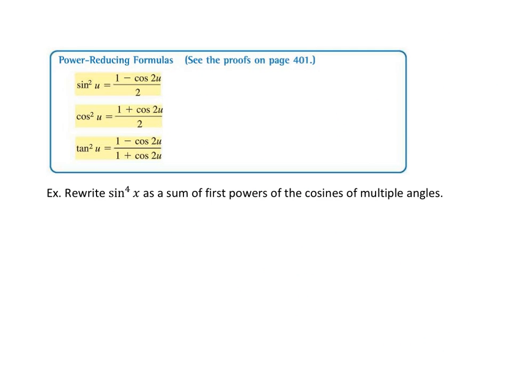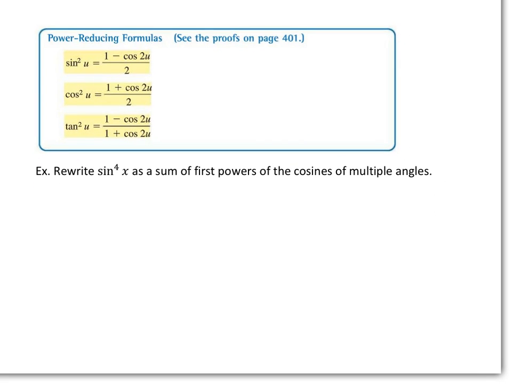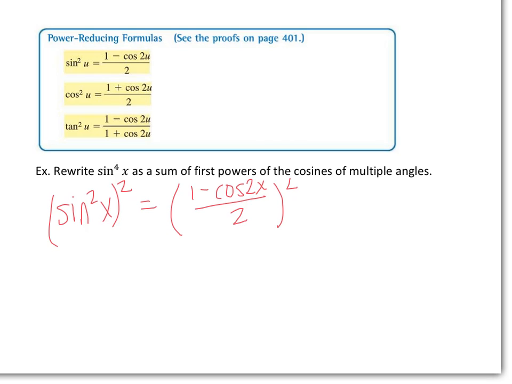Okay, now we're going to rewrite sine to the 4th x using our power reducing formulas. In this case, we're going to rewrite sine to the 4th as sine squared x, squared. And then we're going to substitute inside the parentheses. So with the formula, 1 minus cosine 2x over 2, squared.